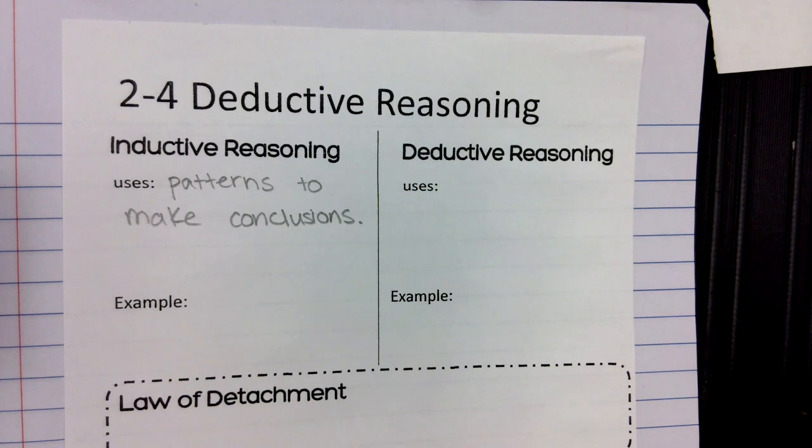Okay, so we do this a lot in real life. We use patterns to make conclusions a lot. What are some patterns that you notice in real life that help you make decisions?